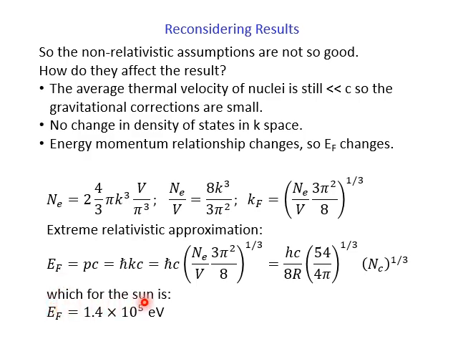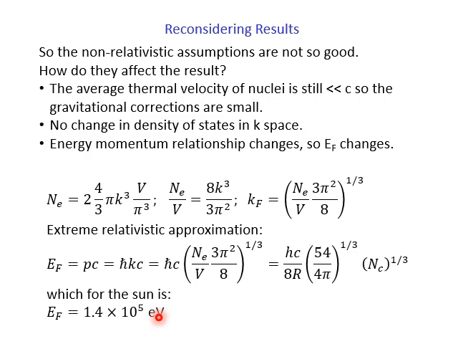And for the sun, when we put the numbers in, the Fermi energy comes out to be 1.4 times 10 to the 5th electron volts, which is much less than the mass energy of the electron. And so these particles now are traveling at a relatively slow speed as far as relativity is concerned. And we know that our correct answer sort of brackets things.